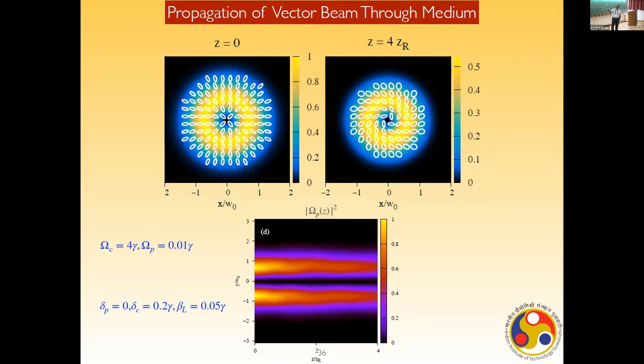This is radially polarized light and this is azimuthally polarized light, so you can change the polarization. You can change the polarization rotation by applying the magnetic field, which induces the anisotropy. And you can see the field intensity concentrated at the core only. There is no diffraction up to the whole Rayleigh length. So here is the story of non-diffracting and polarization control of a vector beam.